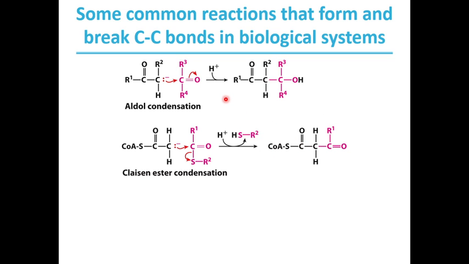For both the aldol condensation and the Claisen condensation, a carbanion serves as a nucleophile, and the carbon of a carbonyl group serves as an electrophile. The carbanion is stabilized in each case by another carbonyl. As you can see, this carbanion can resonance stabilize. It can go to this bond, and this bond can move up.